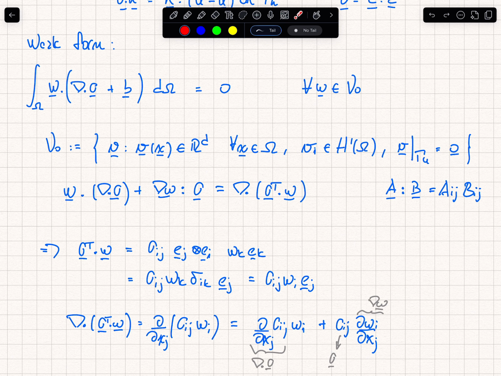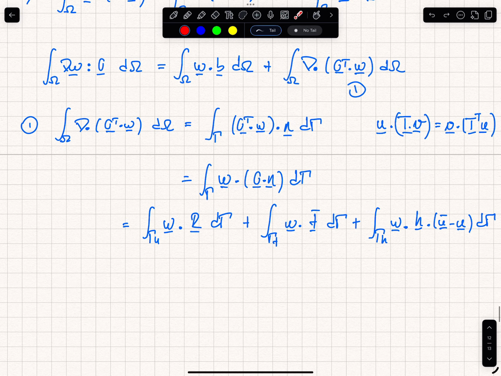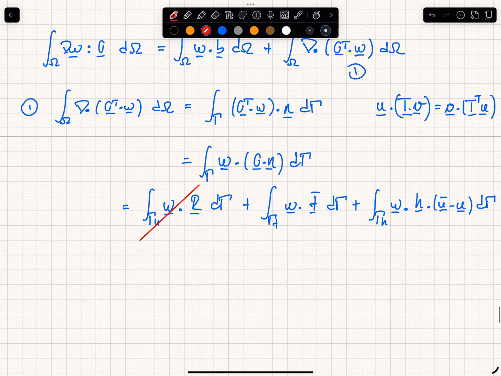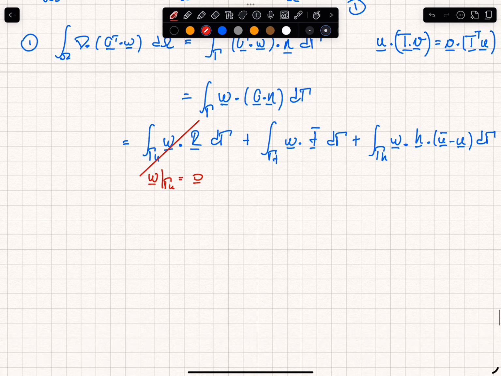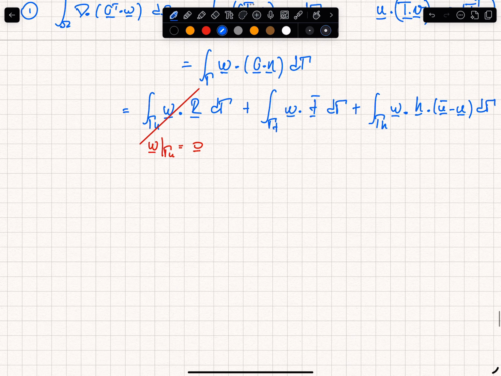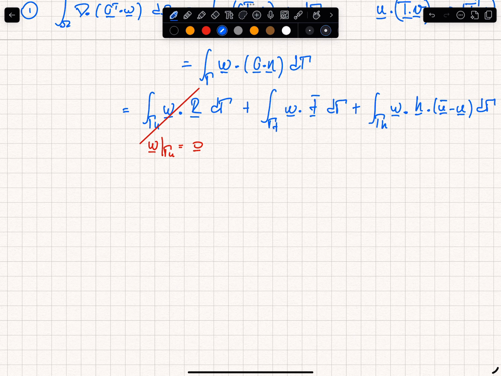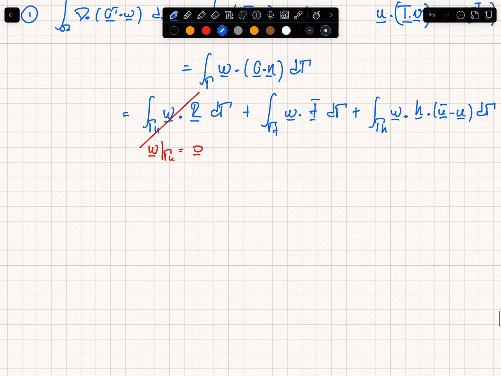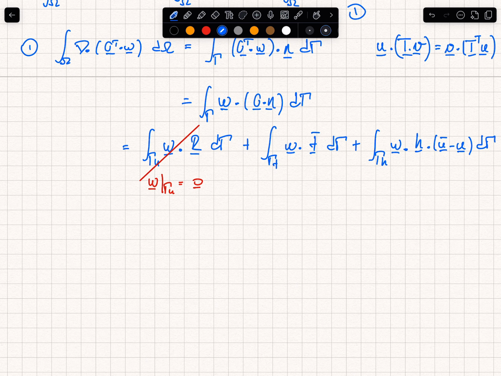And basically that means that this term here drops. It is going to be equal to 0 simply because W evaluated at gamma u is equal to 0. Okay? All right. One more thing here is that we have this expression here.